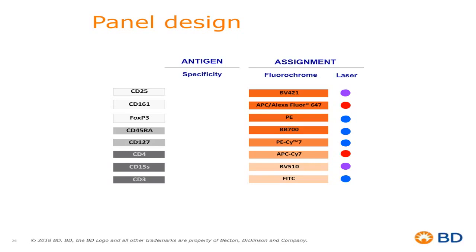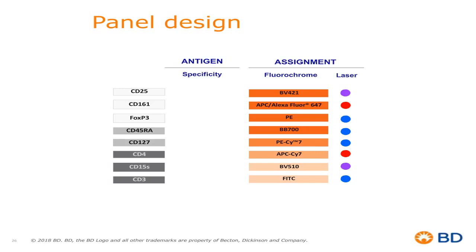And the tertiary antigens, when I'm thinking about building a panel, are the ones that I want to protect. I want to make sure that they're well resolved, and anything that may impact them, I want to be mindful of when I'm assigning fluorochromes to my other markers, so that I'm able to resolve these populations in the end.